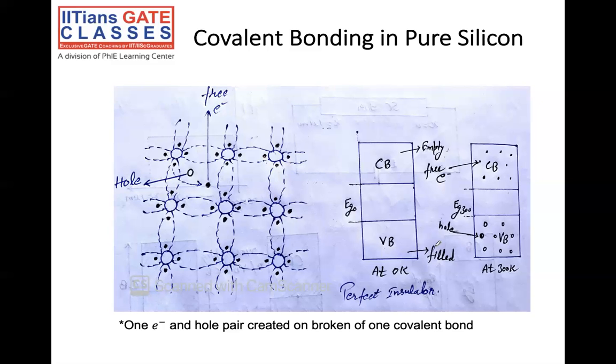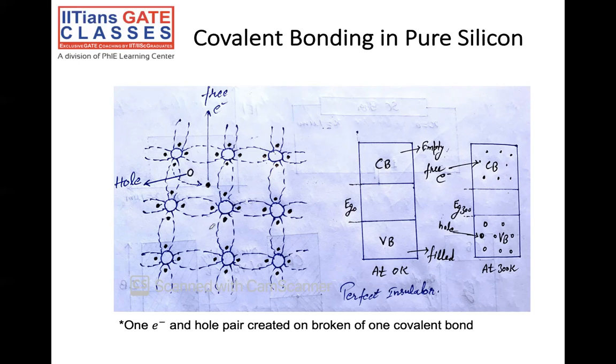Now we can analyze its crystal structure. Suppose it is a germanium or a silicon crystal. In a silicon crystal, each atom has 4 outermost orbit electrons, which are used in sharing with other atoms, or in bonding with other atoms. So each silicon atom has 4 electrons used in covalent bonding.